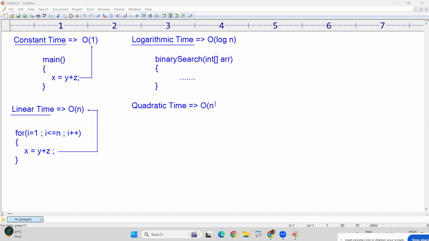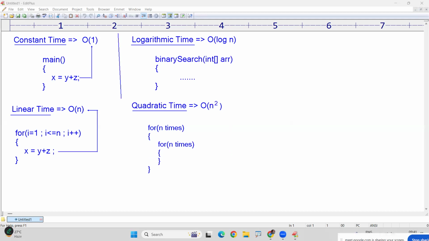You know which one executes: the outer loop repeats n times, and inside that, the for loop also repeats n times. So this is called quadratic time.